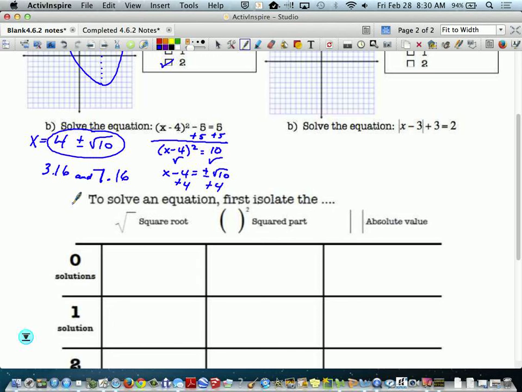Okay, people, what's 4 plus the square root of 10? That's 7.16. And 4 minus something that's a little bit more than 3 should be positive what? Positive 0.84. Those should be your 2 decimals.